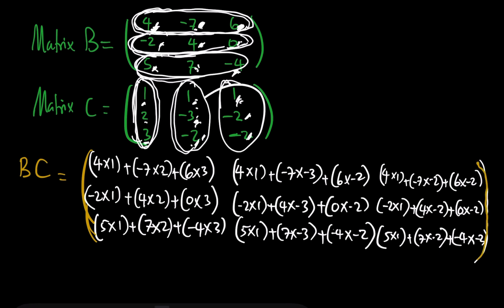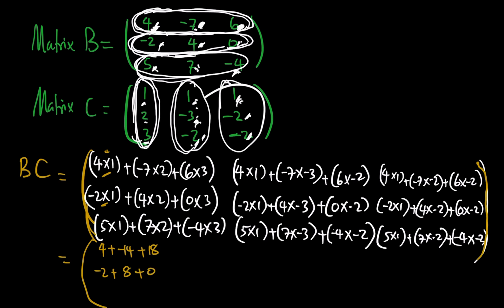The next thing we're going to be doing is simply addition. Now, if you look at this, this is 4. It's going to be 4 plus -14 plus 18. This is going to be -2 plus 8 plus 0. This is going to be 5 plus 14 plus -12.